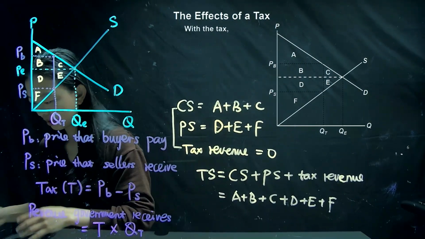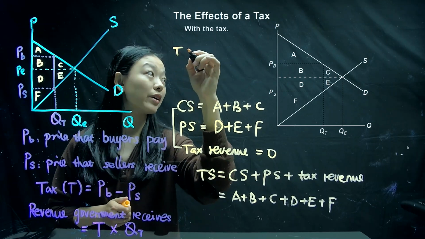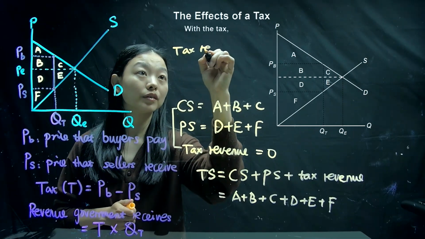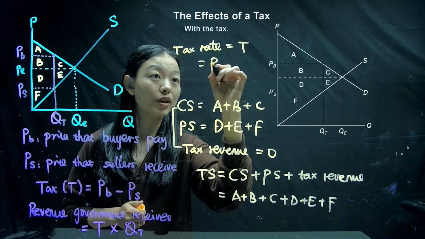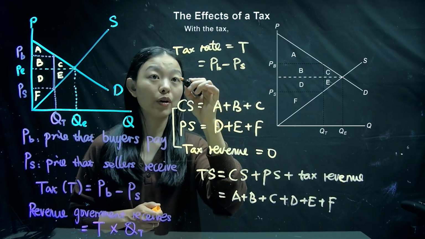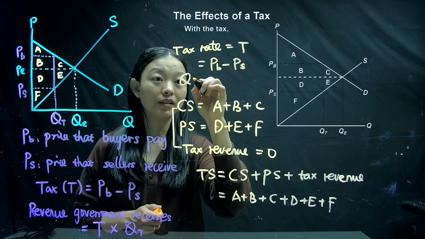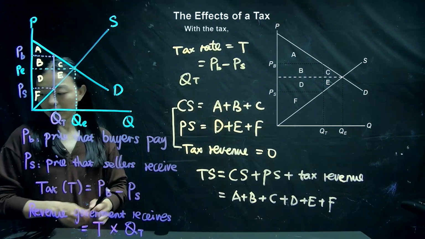So imposing tax now, we will have the tax rate equal T, and T is equal to PB minus PS, right? And then we also have our quantity T, okay? We have the quantity T.